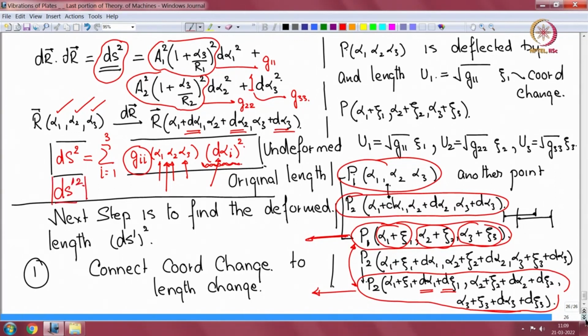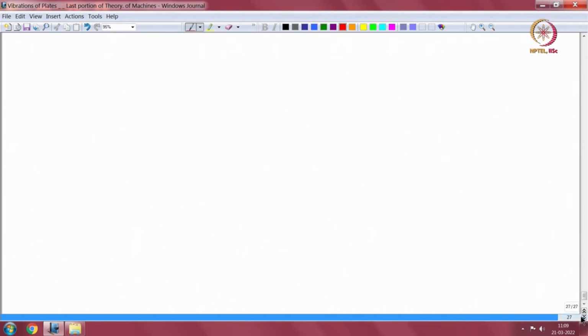Let us see how we write the deformed length.